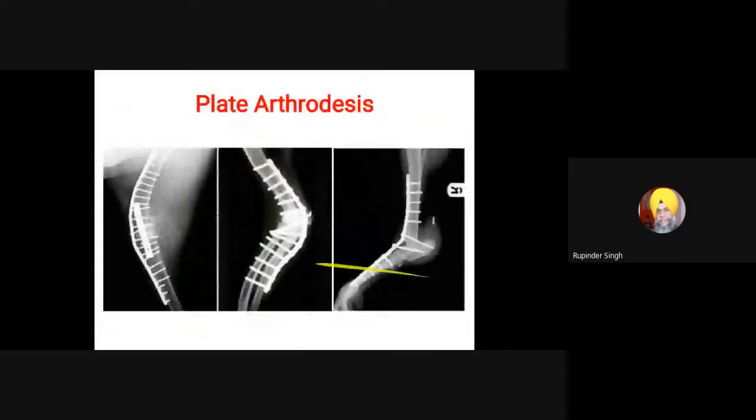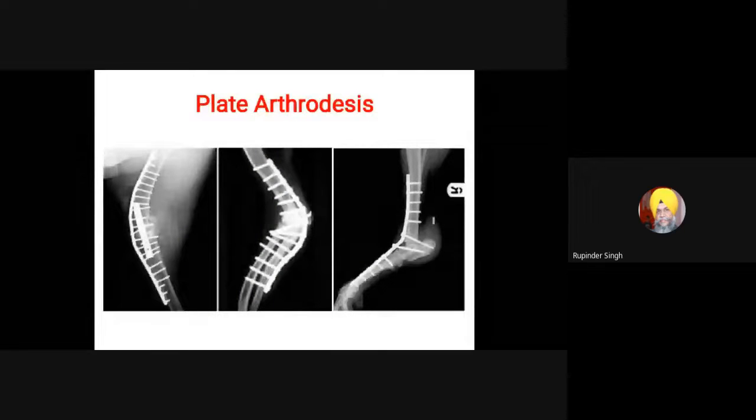Then this is another case study where we are using arthrodesis. Arthrodesis is simply where, when the joint is painful, we have two options. One is to get it replaced with a new joint, like a joint replacement surgery, or it may be fused together.